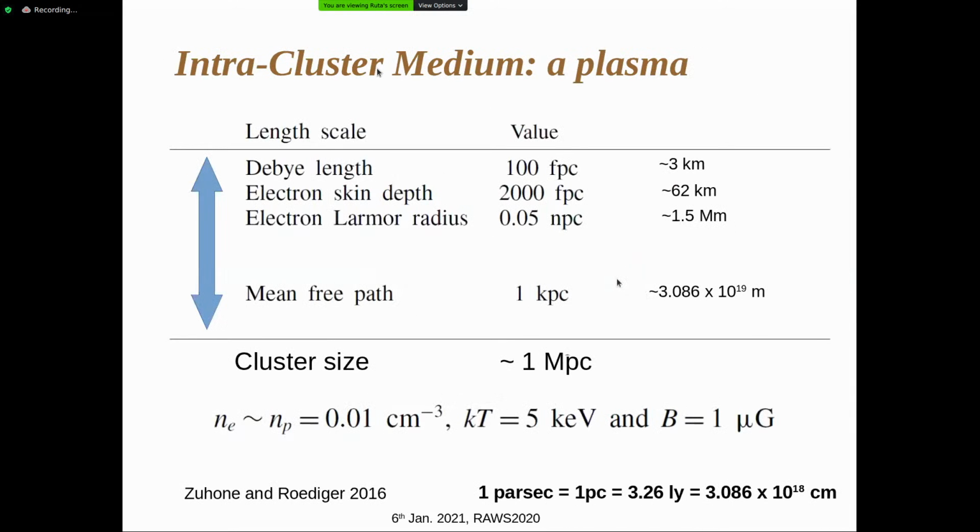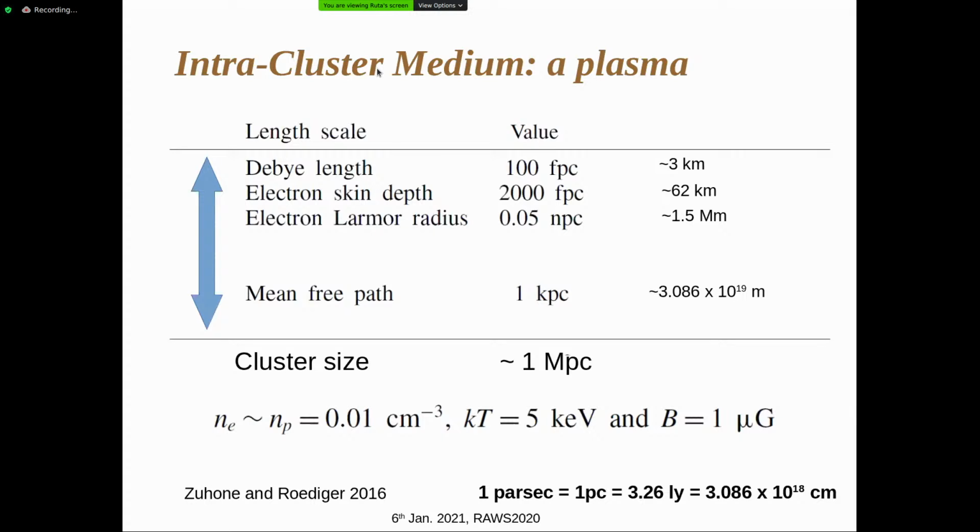One is the mean free path, which comes out to be a kiloparsec, a very long distance for any particle to go before meeting any other particle. And the other is the electron Larmor radius.